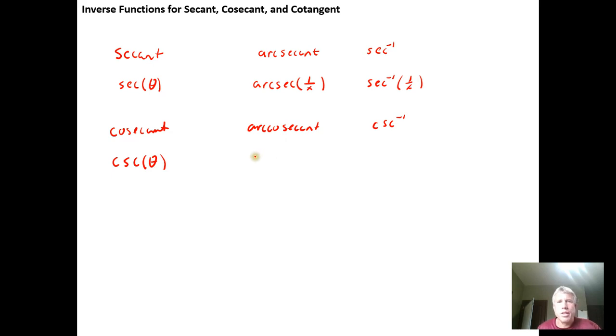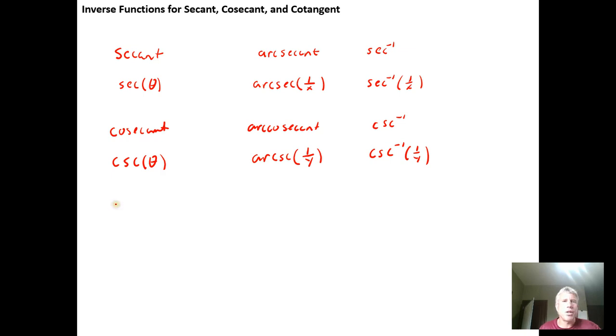So for the arc cosecant, the inputs would be 1 over the y-coordinate associated with this angle on the unit circle, or we could say cosecant inverse of 1 over the y-coordinate associated with the angle on the unit circle.